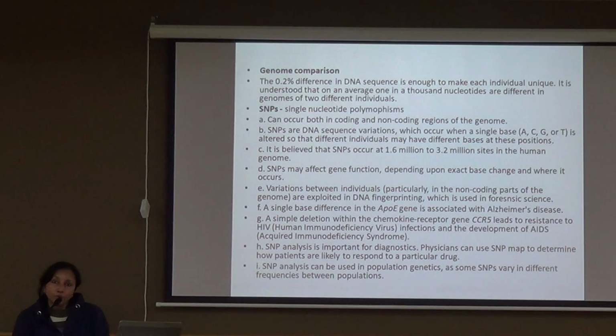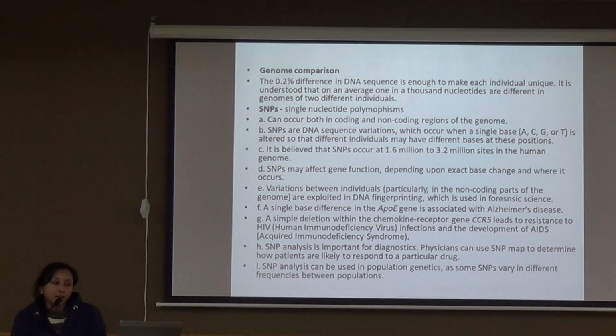Among these multiple codons, which codon is present in which individual depends on family inheritance pattern. When we see the enormous diversity that is created due to permutation and combination of different codons in different individuals, it leads to the presence of single nucleotide polymorphism.